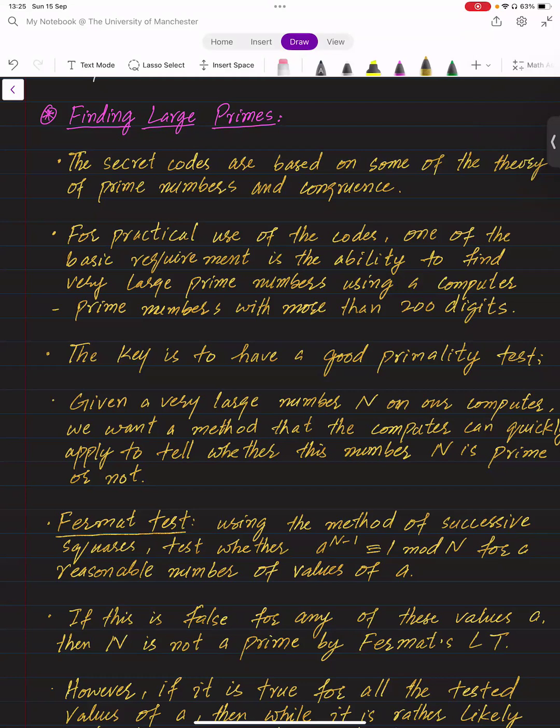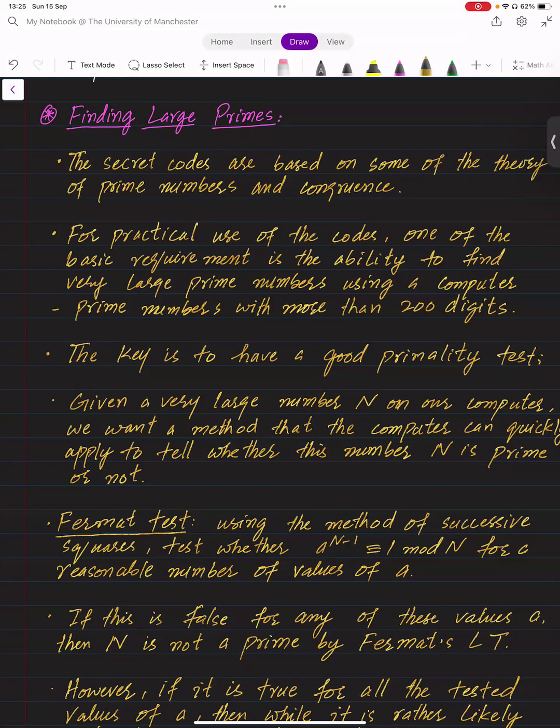Now, for practical use of the codes, one of the basic requirements is the ability to find very large prime numbers using a computer. When we say large prime numbers, we are talking about prime numbers with more than 200 digits. The key is to have a good primality test.